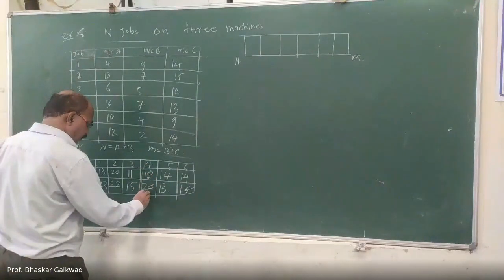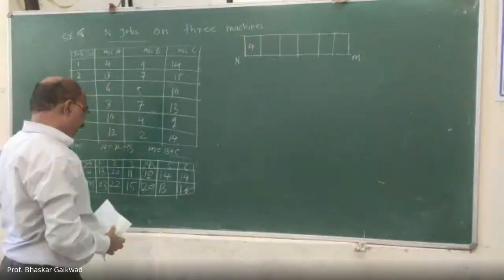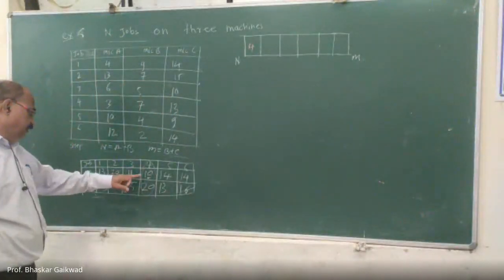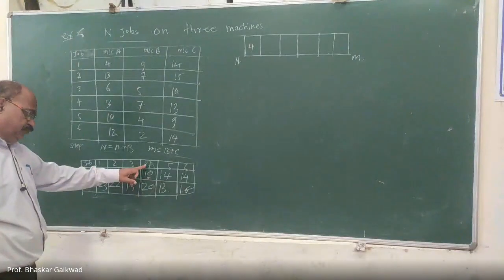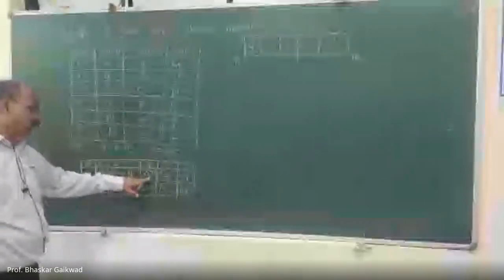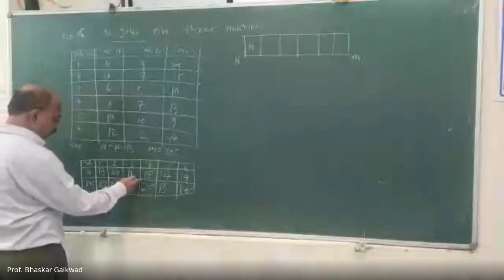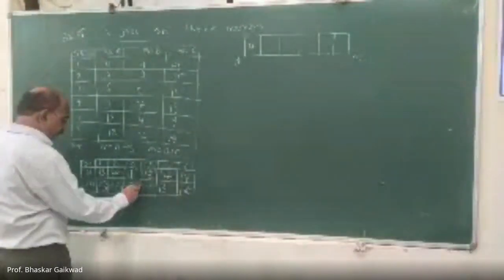So here we can write 4, because this 4 is the job related to machine N and the processing time is 10. Now what is the next value? That is 11, and this 11 is related to job number 3.